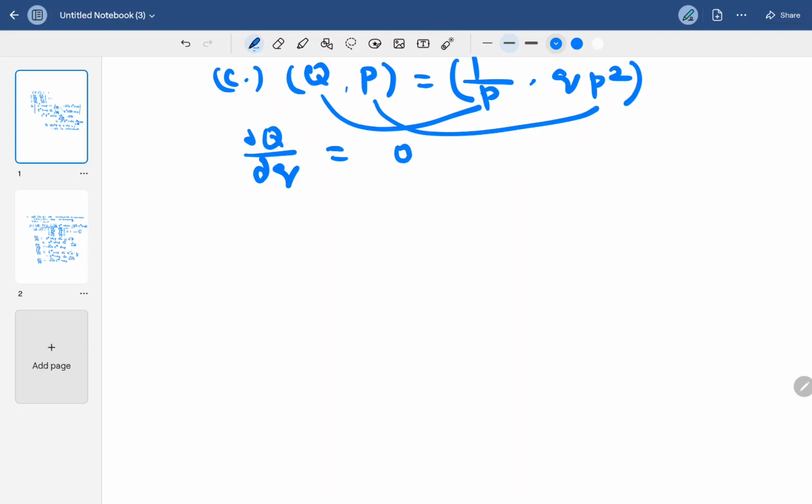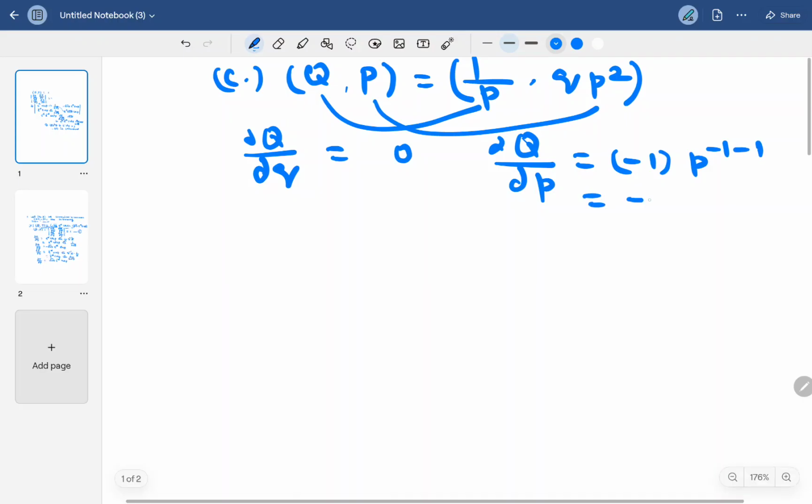This is 0. Dou q by dou small p, this is nothing but 1 by p, which can be written as p power minus 1. Differentiating, the answer is minus 1 by p square.